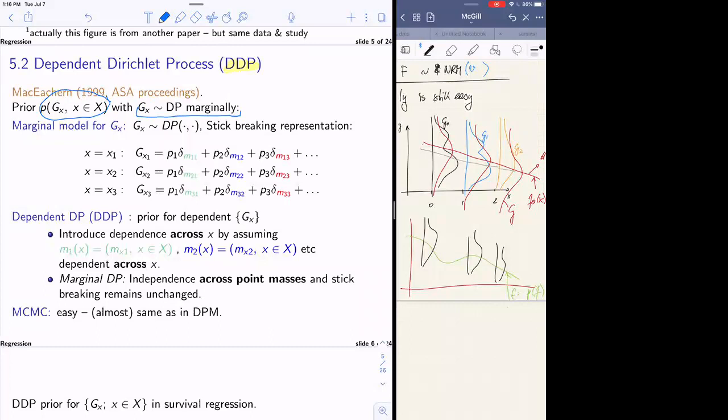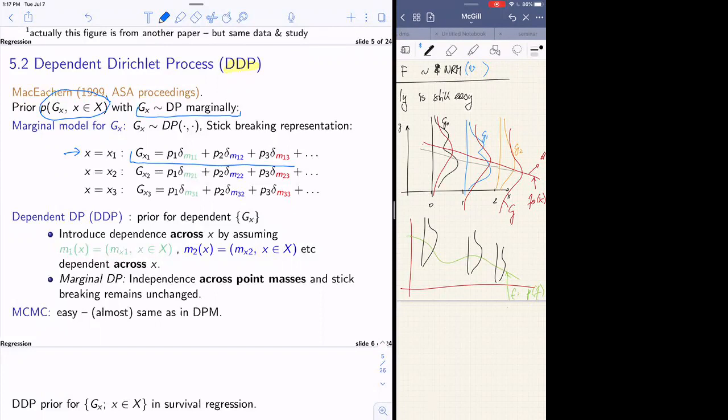Let's think here about three different covariate combinations. Let's first stare at the first one. For x equal x1, that means we want our random probability measure to follow a Dirichlet process. Remember the stick-breaking definition of the Dirichlet process.